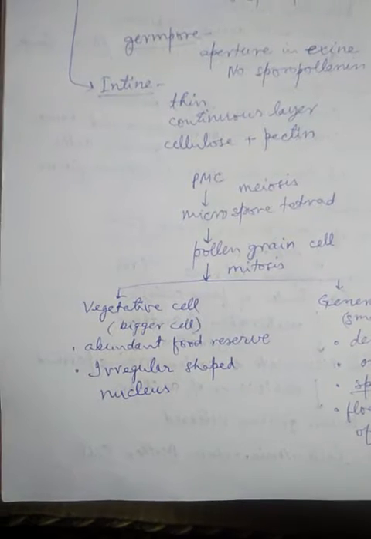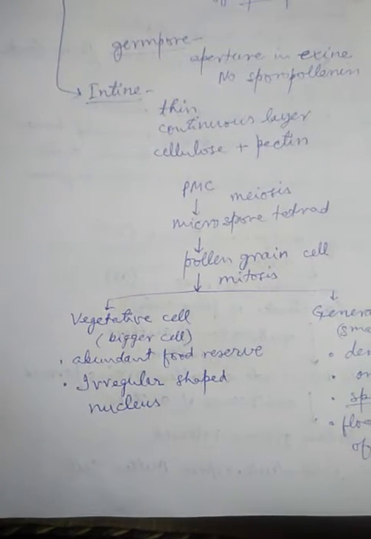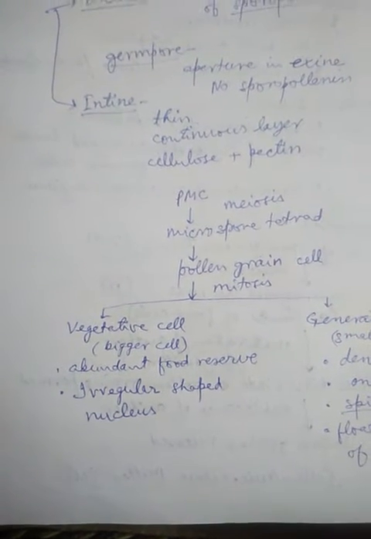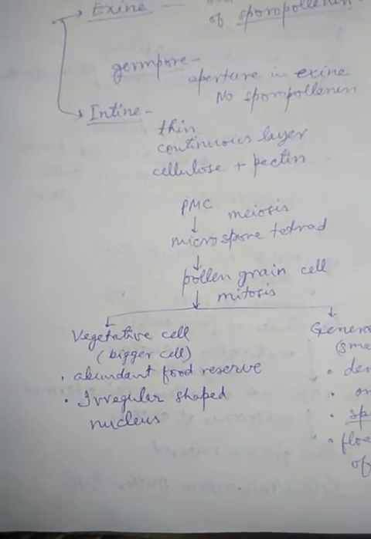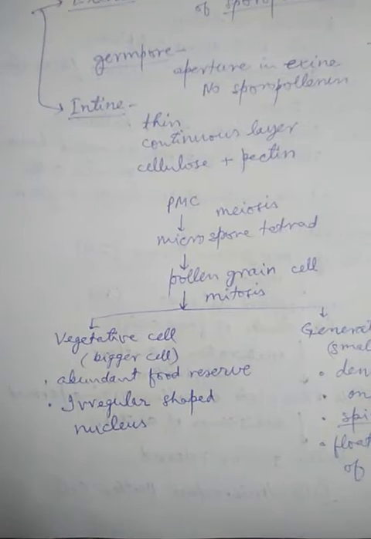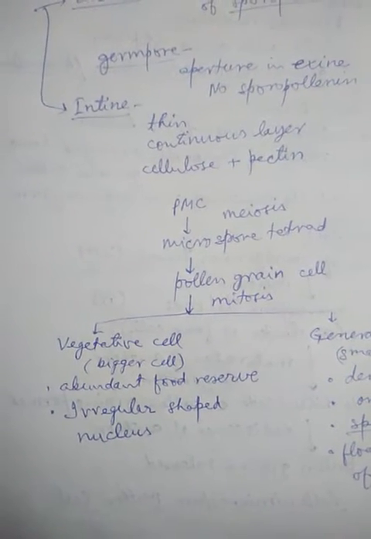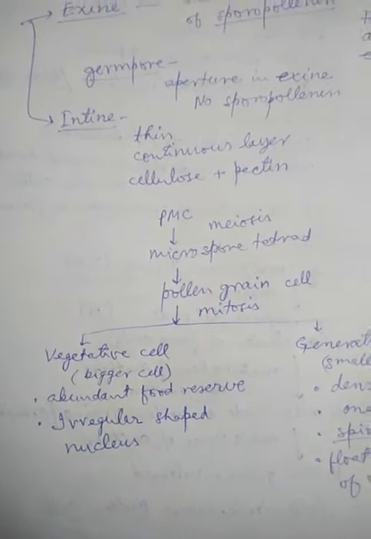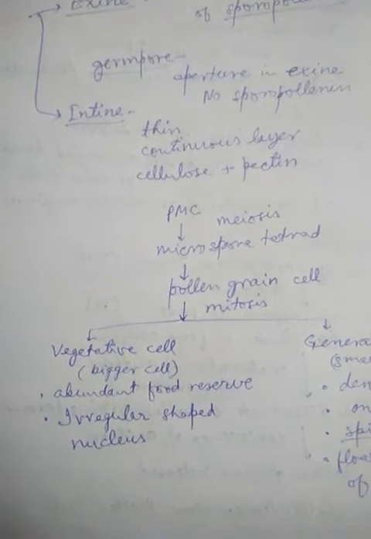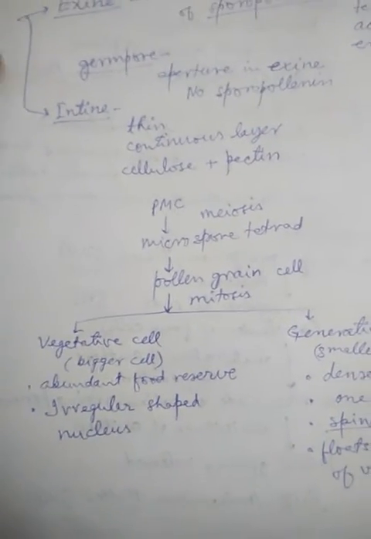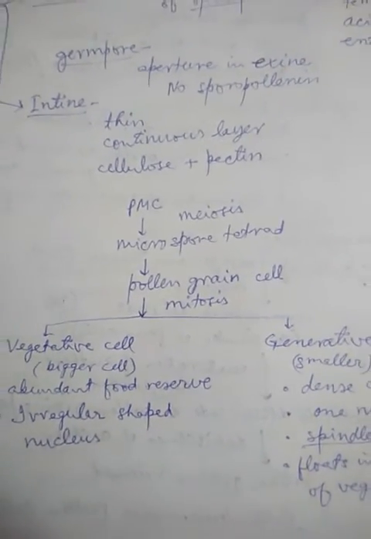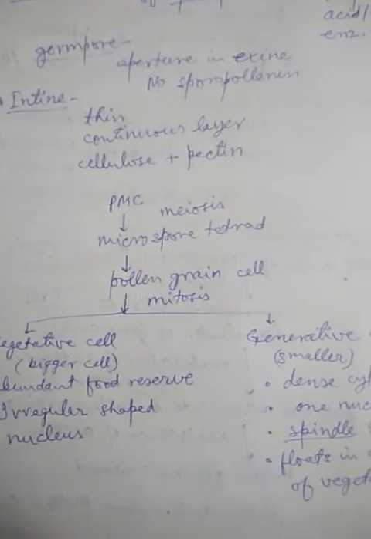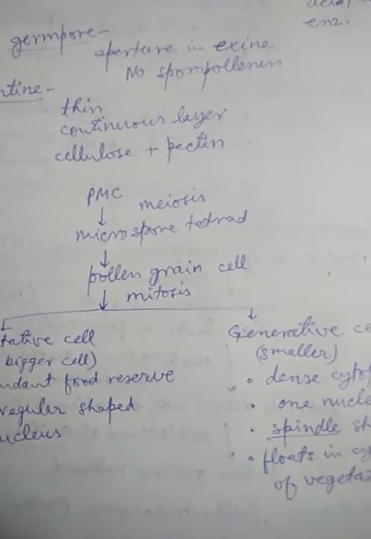The vegetative cell has abundant food reserve material, which helps the pollen to germinate and grow. The nucleus in the vegetative cell, which is the bigger cell in the pollen grain, is irregular in shape. It will not be clearly spherical or round, rather the shape might be irregular.